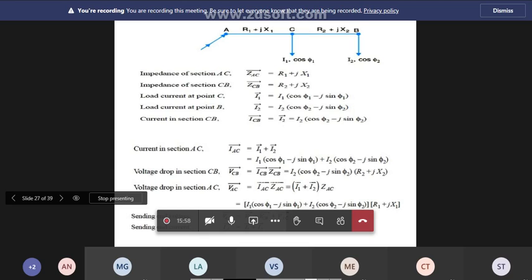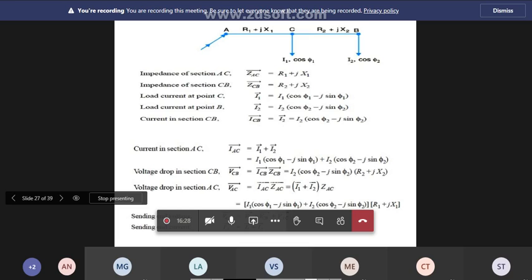Let R1, X1 and R2, X2 be the resistance and reactance of section AC and section CB of the distributor. First of all, we have to calculate the impedance per particular section.